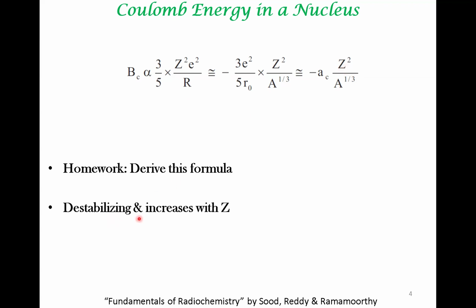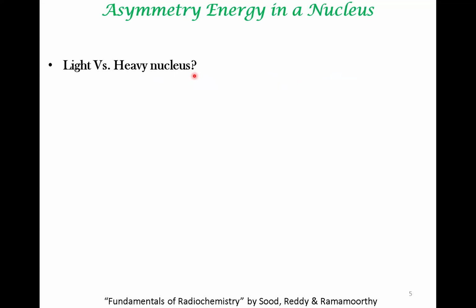So this is a destabilizing interaction because it involves Coulomb repulsion. It increases quadratically with Z, and it goes inversely as A to the 1/3. So this is the formula for the contribution of Coulomb repulsion to the binding energy of the nucleus.